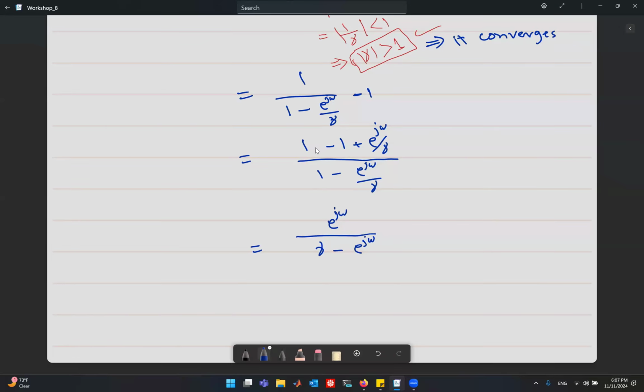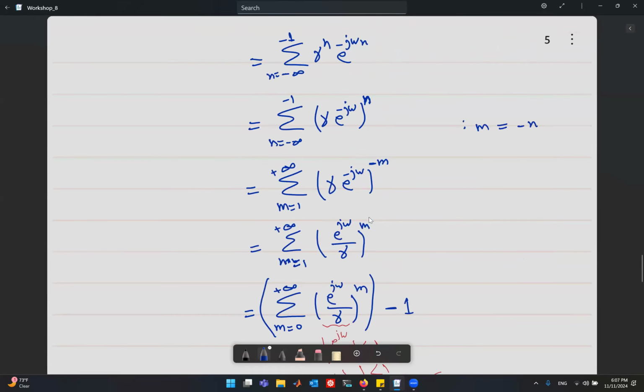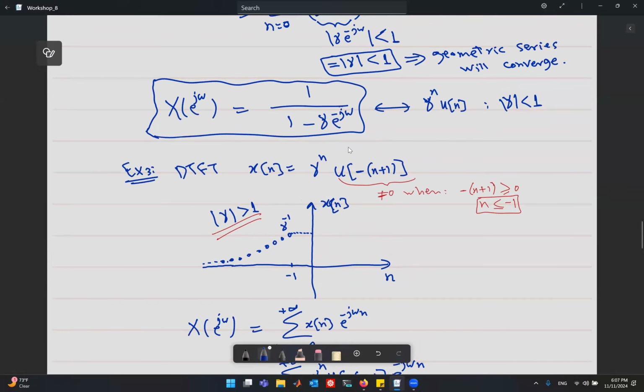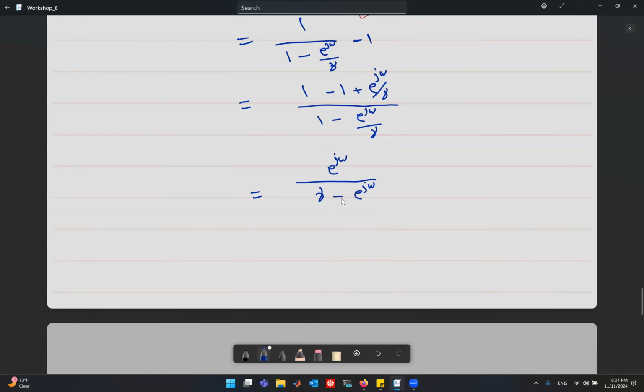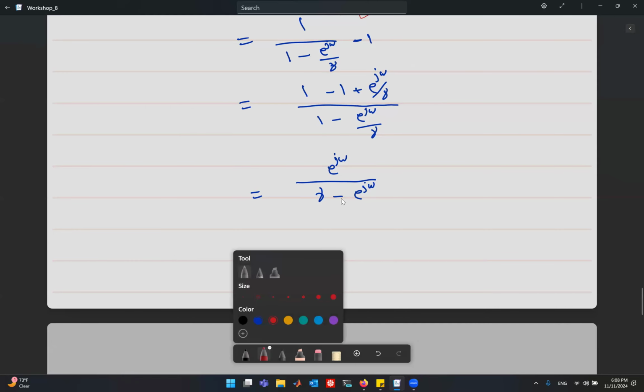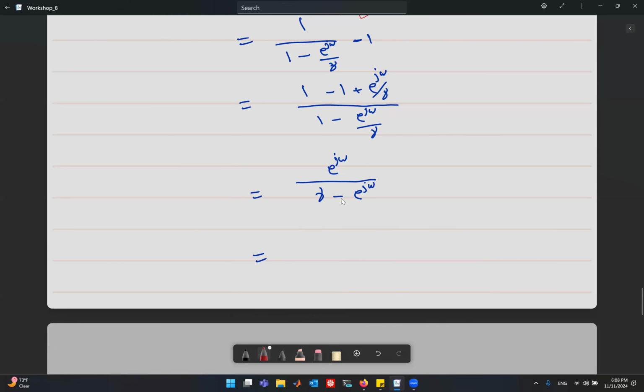To write it in a form similar to the earlier one, we can multiply by e to the minus j omega divided by e to the minus j omega.